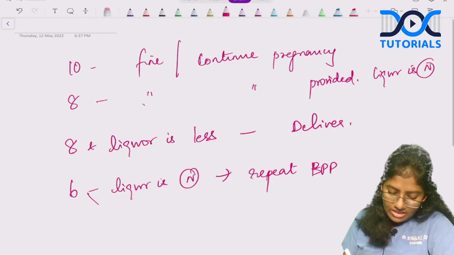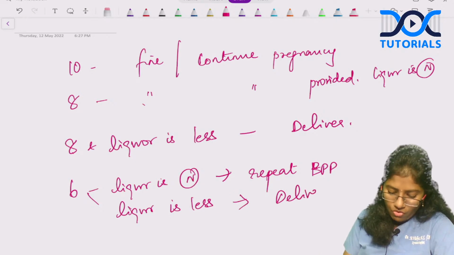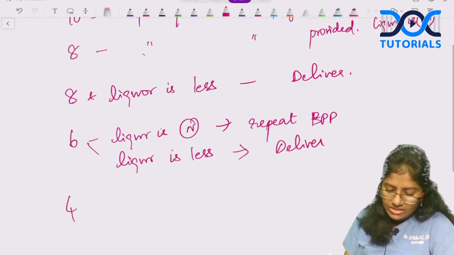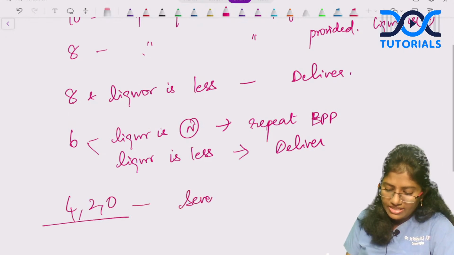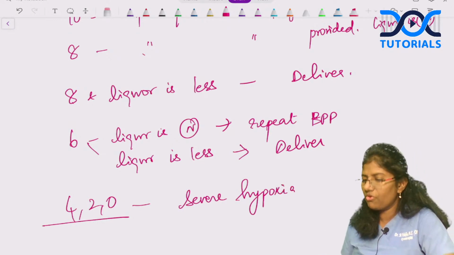Again, if the score is 6 and the liquor is less, you have to deliver. Now anything below 6, that is 4, 2, 0, indicates severe hypoxia and is a definite indication for delivery.